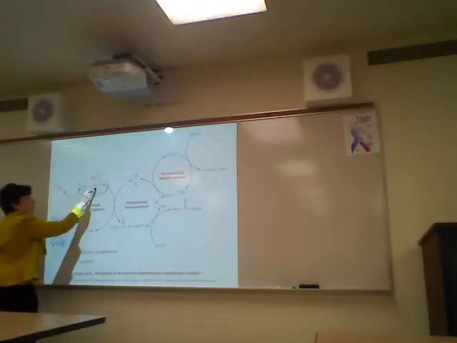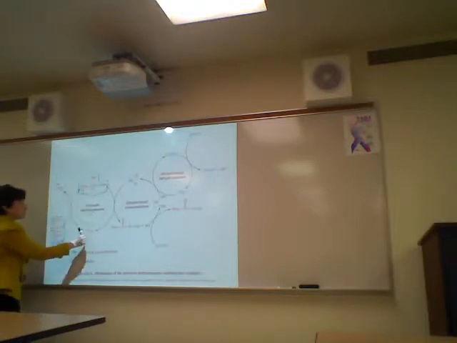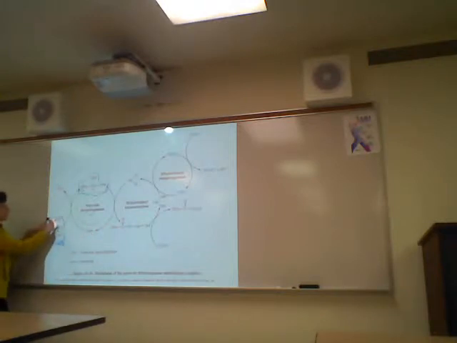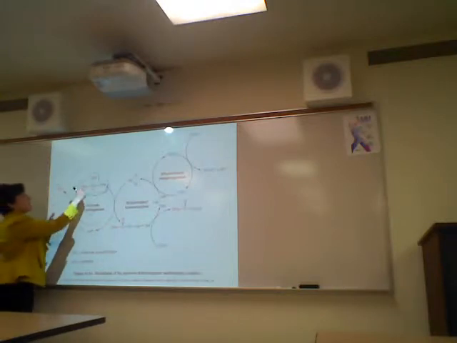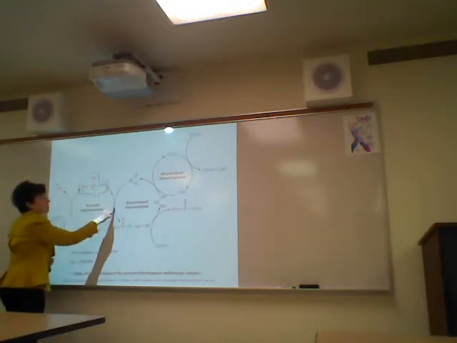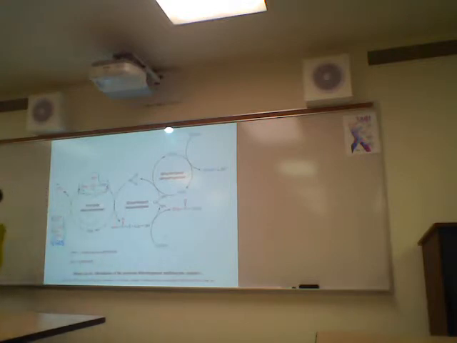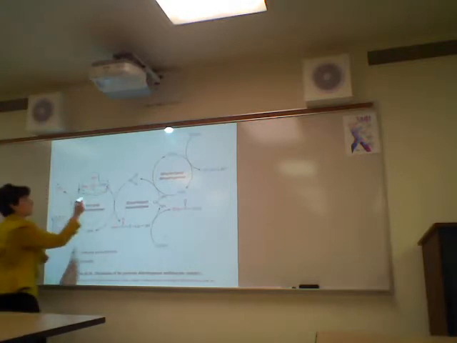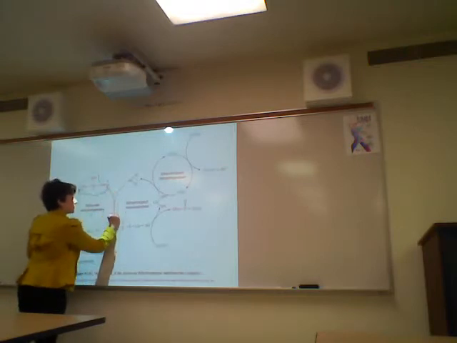Because what is it actually doing now? So we did this, TPP by itself went over, combined with these 2 carbons, the C2 and the C3, and are now attached to pyruvate dehydrogenase. Then what does it do? What are these green ones doing?